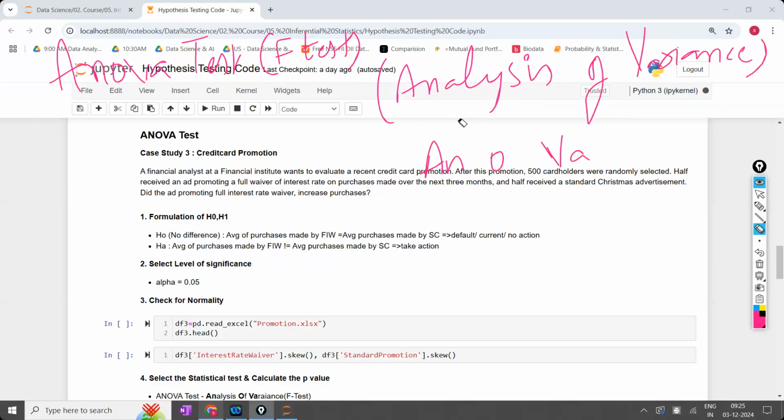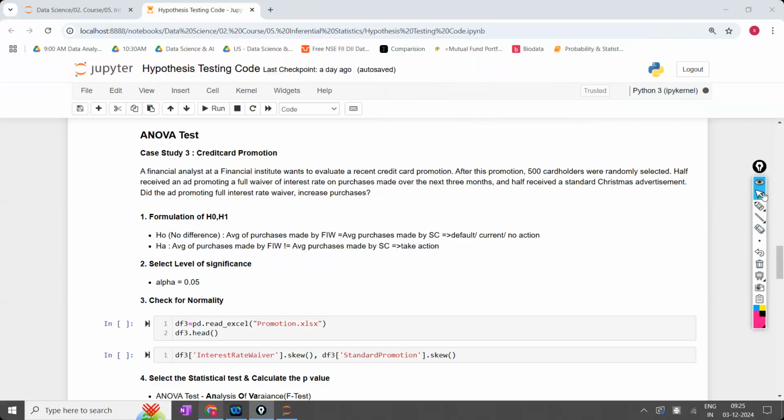In the ANOVA test, we are analyzing whether their variances are the same or not. Not exactly the values; the values might not be the same. We are looking at whether their overall distribution and variance are the same or not. That is what we are checking here. That is called the ANOVA test.